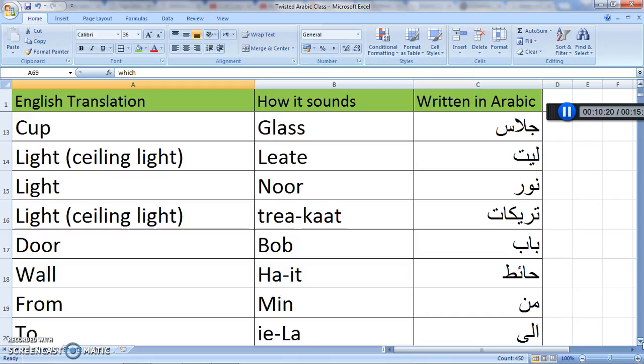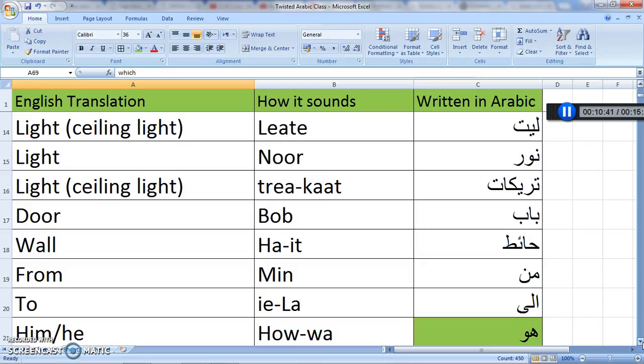So min is from and ila is to. So very useful. Min huna ila hunak, you can say. So you can say min huna, which is from here, ila hunak. Hunak is over there. Over there we'll have to do on a different day, since it wasn't in the original plan.